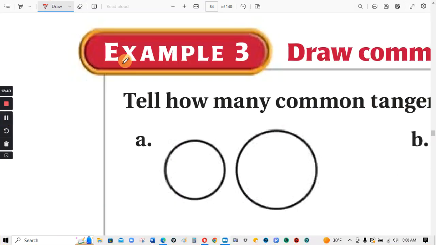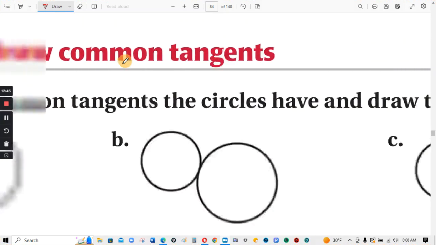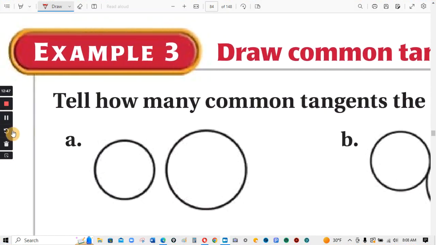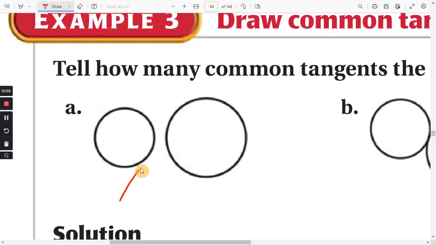Okay, example 3. Tell how many common tangents the circles have, and draw them. All right, so I think in part A, we can draw one like this, and then we can draw another like that. Okay, so I think A has 2. I'll check the answer in a minute.